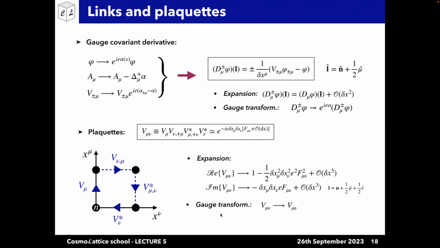You can also show that this plaquette is gauge invariant. Hopefully we don't need plaquettes to discretize abelian gauge theories. Plaquettes are really needed for non-abelian ones. But I guess Adrien will discuss this in more detail in his talk tomorrow.